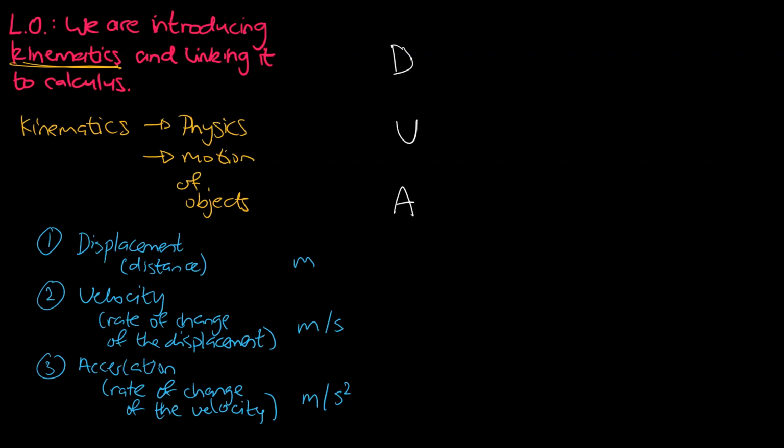And if you're given an equation to do with the displacement, you can get to an equation for the velocity by differentiating. And if we differentiate once more, that will give you the equation for acceleration. Just like in our calculus methods that we've learned, you can go backwards, and the opposite of differentiation is integration.